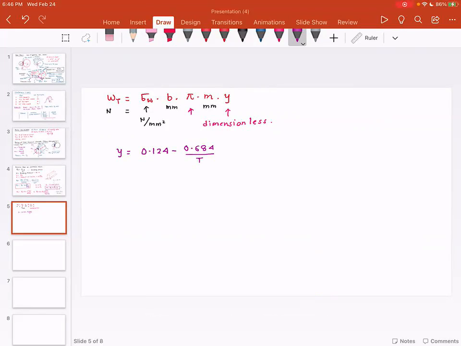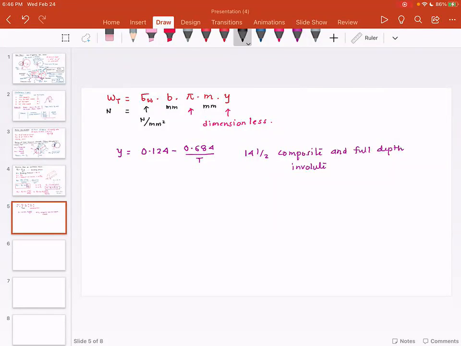You will refer to this equation in the design data book, or this equation may be given to you in the problem. So this is the equation for 14.5 composite and full depth involute.